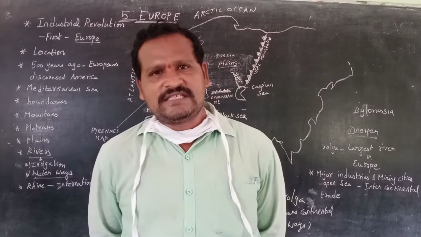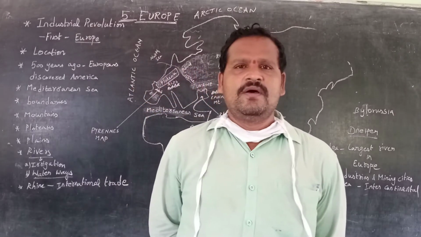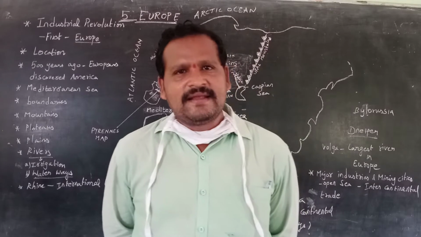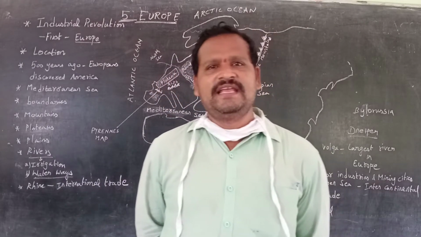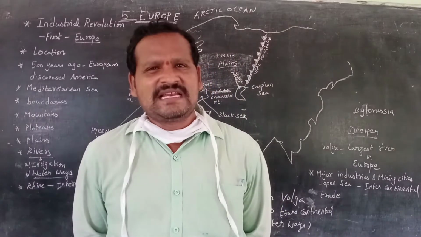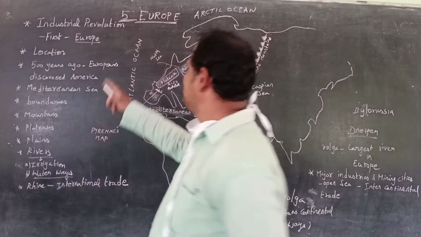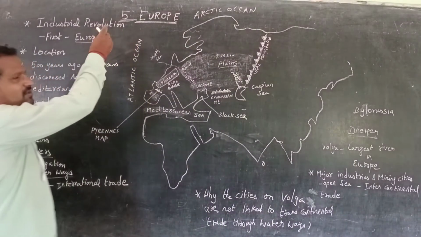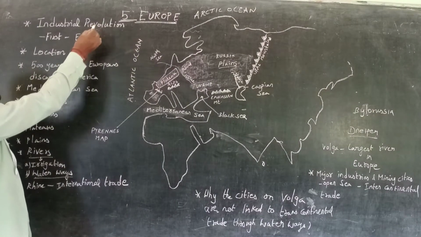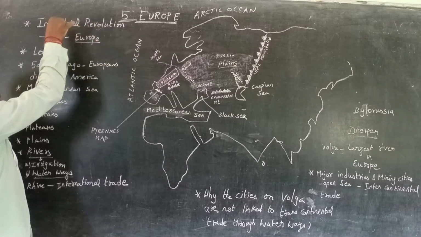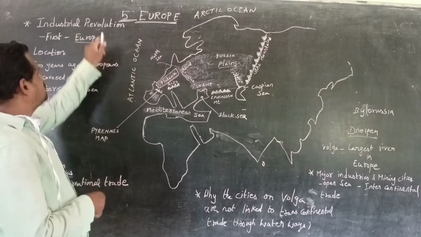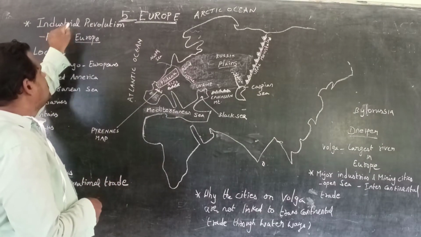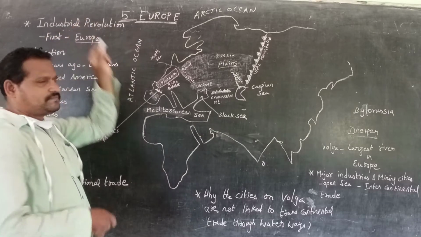As per our textbook, in which continent did the first industrial revolution start? Europe. Revolution means changes. Changes that took place in industries are called the industrial revolution.